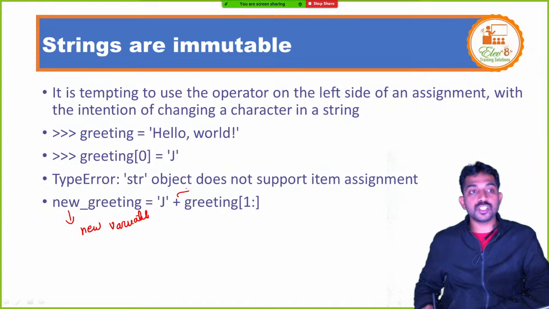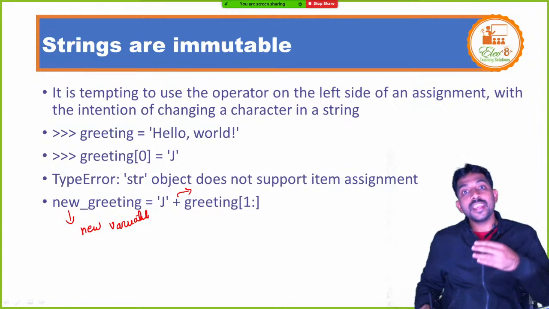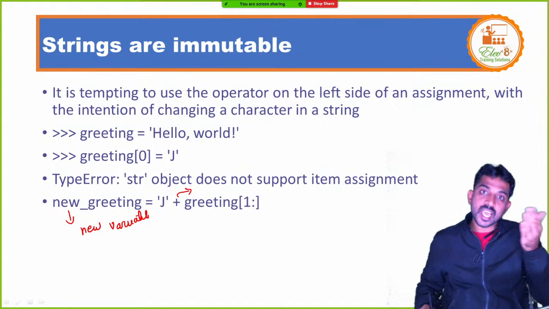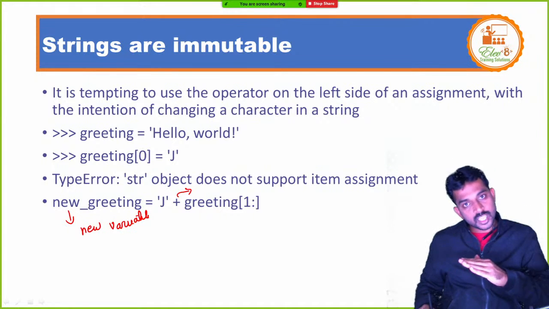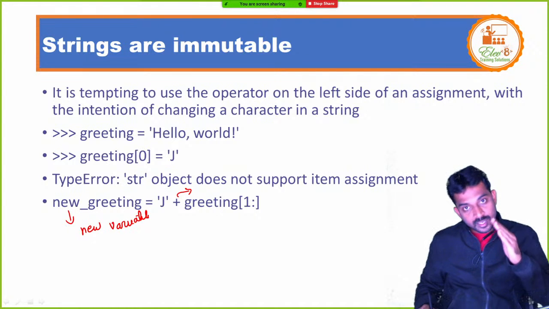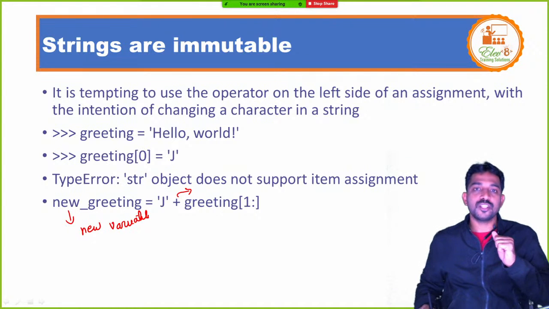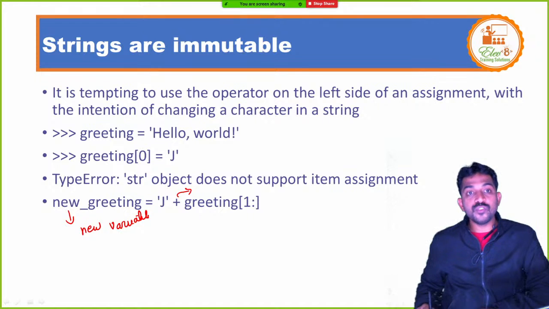Please refer to the previous videos, where we already discussed how the plus operation works in Python. The plus operator works on integers as well as strings. It is a concatenation operation when you perform it on strings, and an addition operation when you perform it on integers, right? Here J you are going to add to which one?